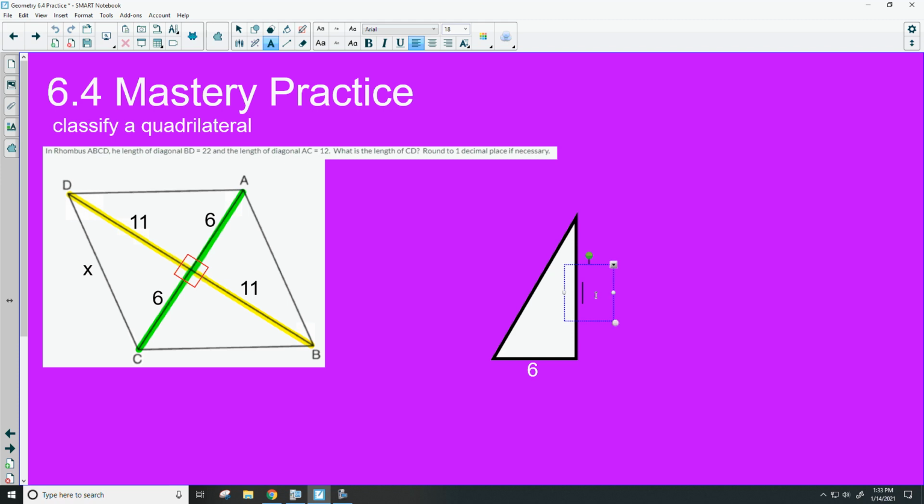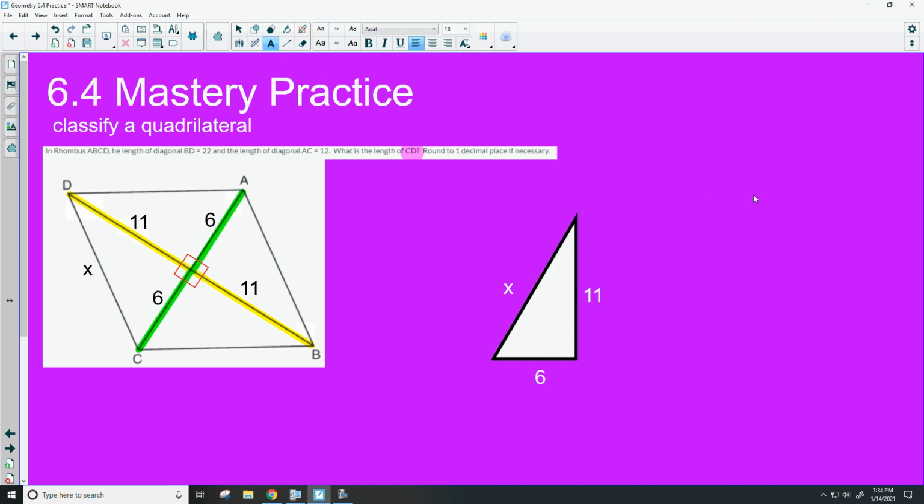This side is 11, and this side is x. I want to be able to find x. The length of CD is going to be x.